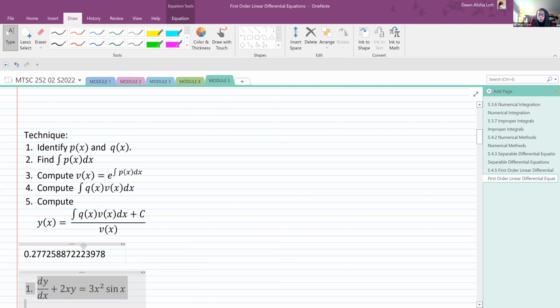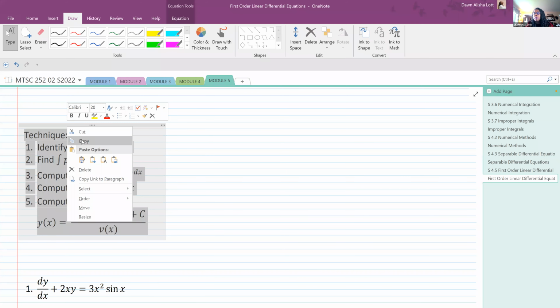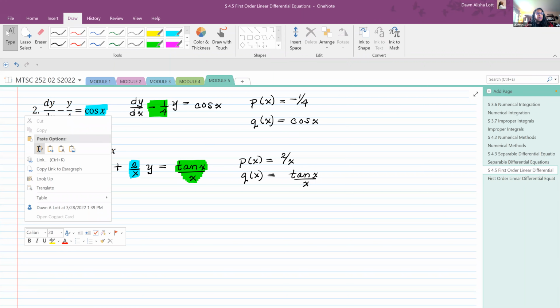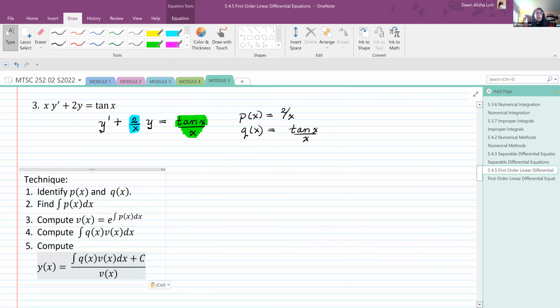Okay, so here we go. This is the technique. First thing you're going to do is identify P and Q. We've been doing that. Integrate P. Usually P is something that is not difficult to integrate.